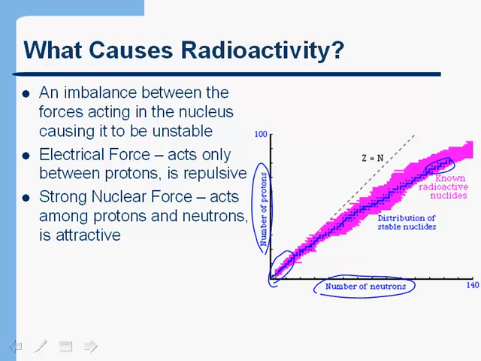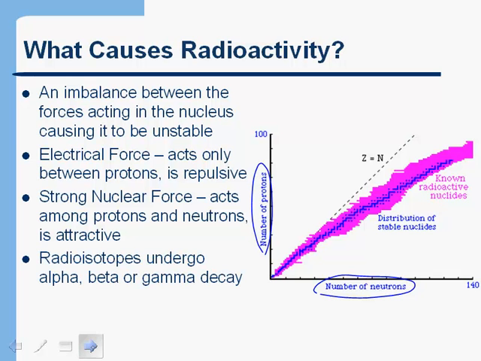That's why the stable nuclei curve down like this. Again, if we have the wrong balance, too many protons or too many neutrons for a given nucleus, then that nucleus is radioactive. As we said, if it's a radioactive isotope or radioisotope, it will try to become more stable by alpha, beta, or gamma decay.